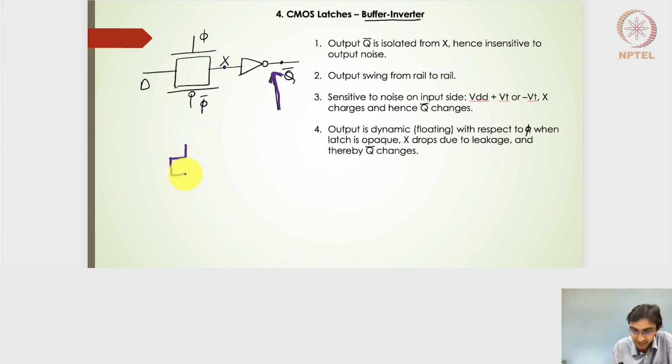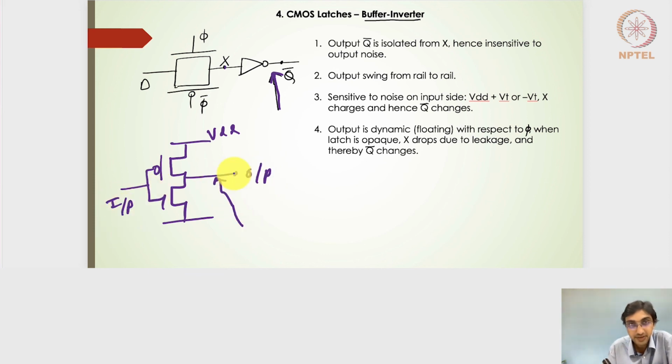It's very simple, because if I consider the inverter, with the output here and the input here, any kind of noise that has been coupled at the output will not have any effect on the input signal, because the output signal is anyway driven by the VDD or by the ground. So this inverter is making sure that the output noise signal is not captured into the latch design.